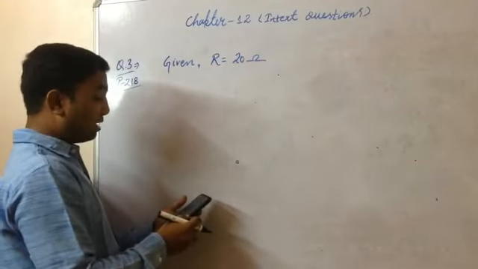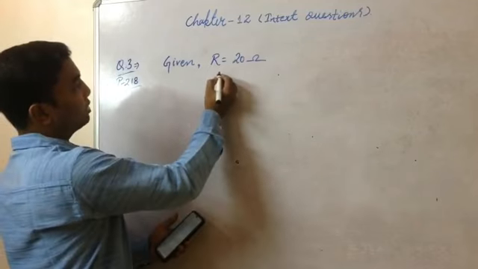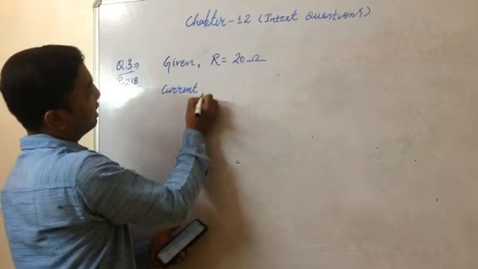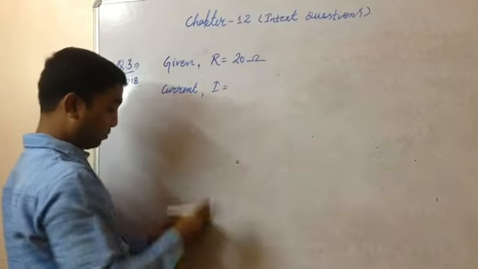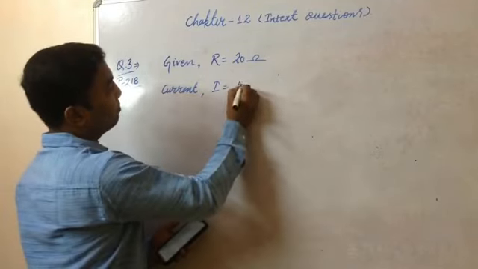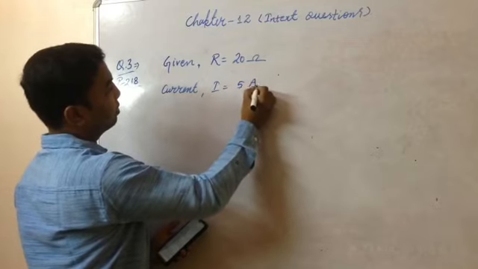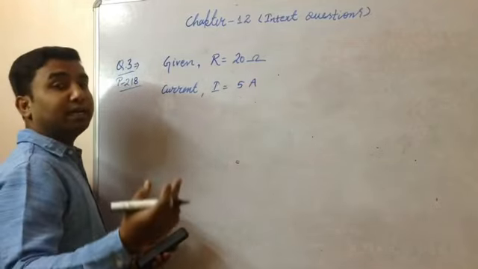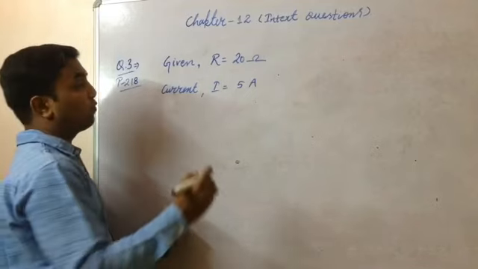Okay. Now the second thing, what current is flowing through this heating element? Current I is 5 ampere. And now the third, for what time is the current flowing?